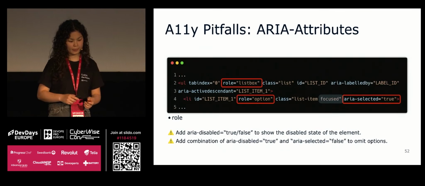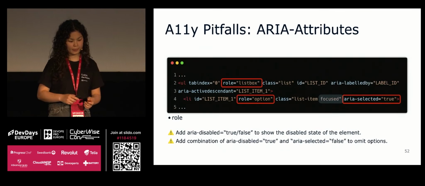So lists can be different. It could be a simple informational list, it could be a menu, but in our situation it's a list that you can interact with. So that's the reason why I'm passing a role listbox here. And you can check all of the available roles in the specification. I'm also adding a role option for each one of the list items. This way I'm telling screen readers this element can be selected, can be interacted with.